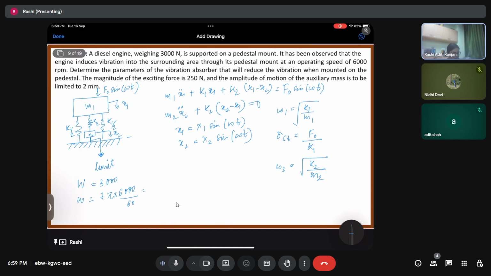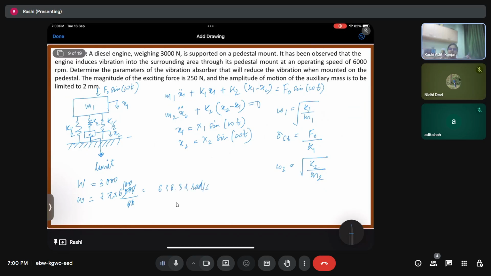So this will come out to be 100 times 2 pi, which is 3.14 into 2, so something like 628.32 radians per second.